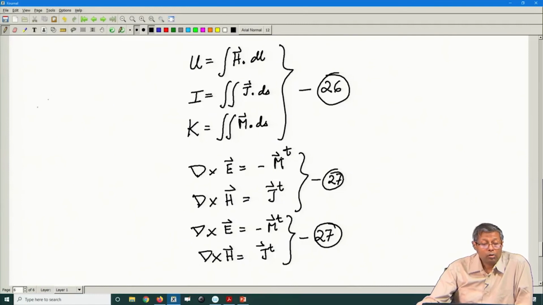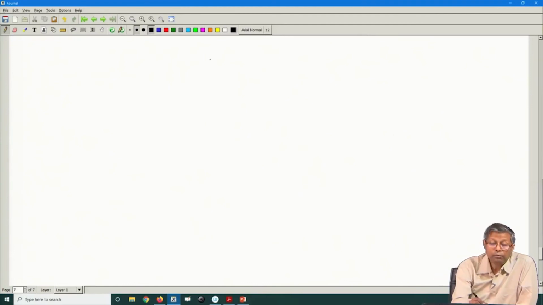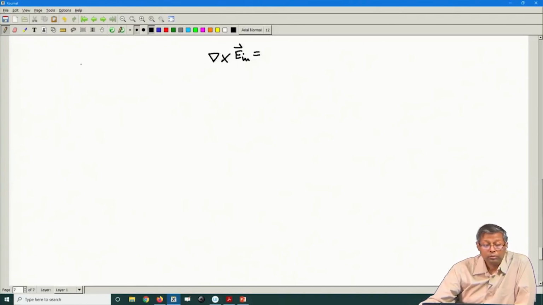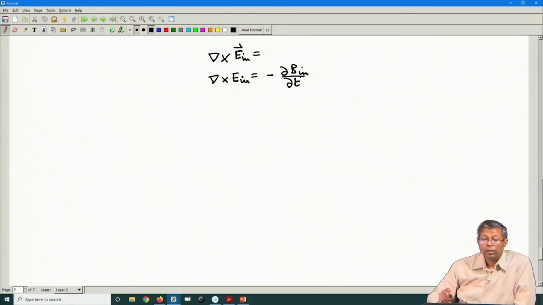However, consider the equation having the explicit d dt term or del t term. In that case, for example, I have the equation curl of E in time domain is minus del B by del t.